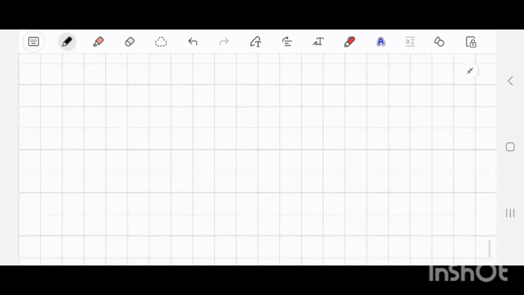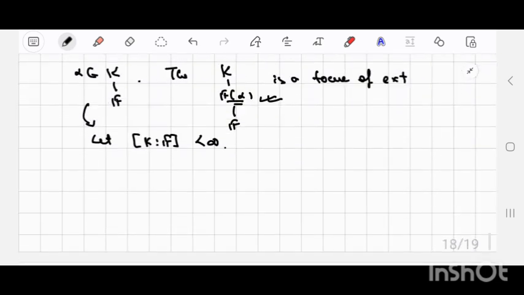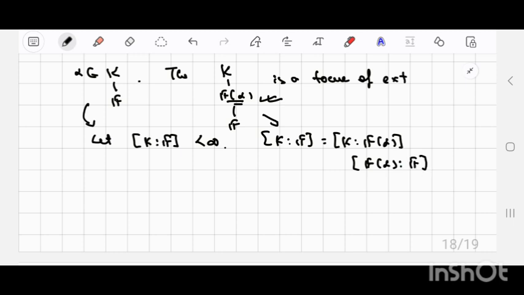Now see the following. What does this conclude? This concludes that the degree of K over F can be written as the degree of K over F(alpha) times the degree of F(alpha) over F. What does this mean?